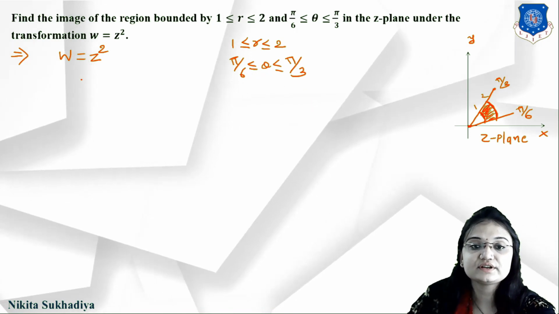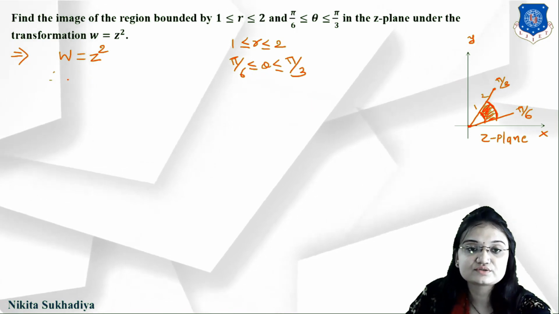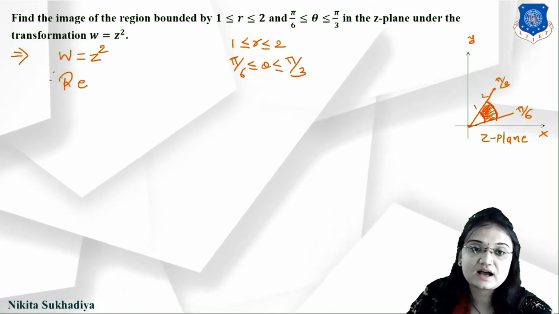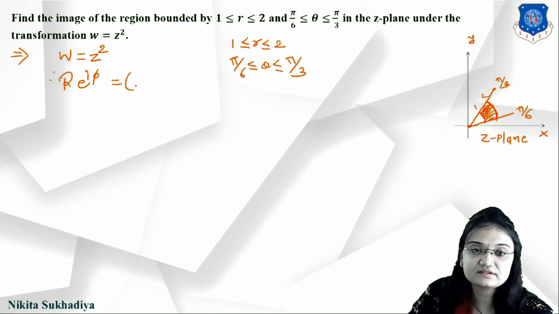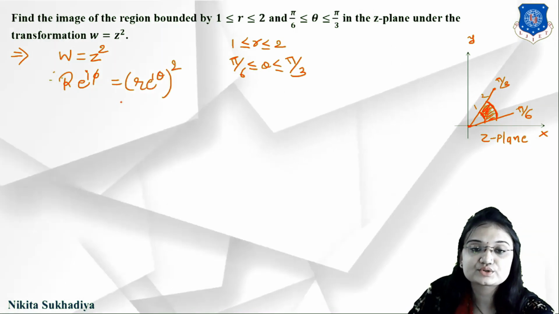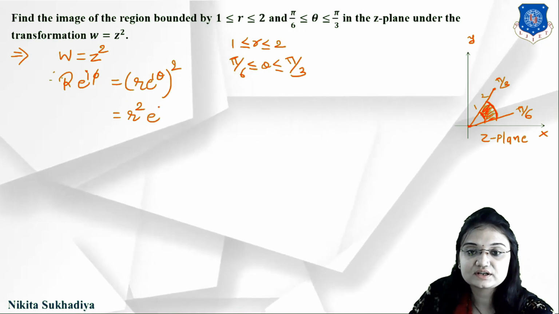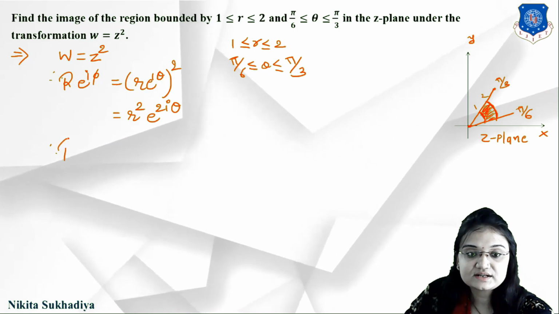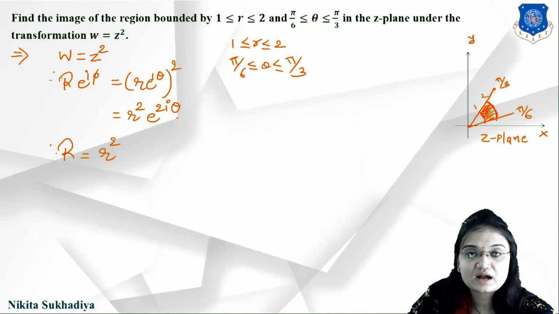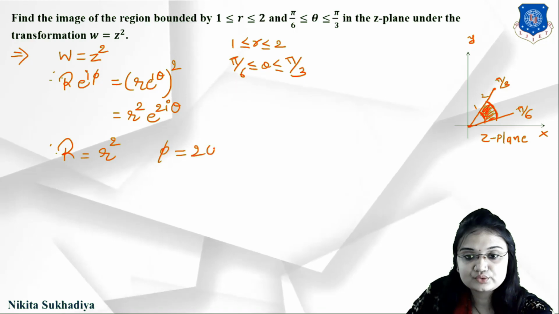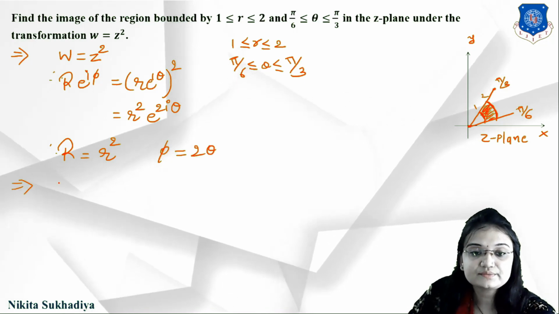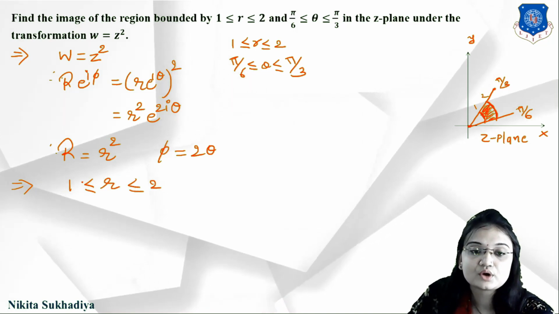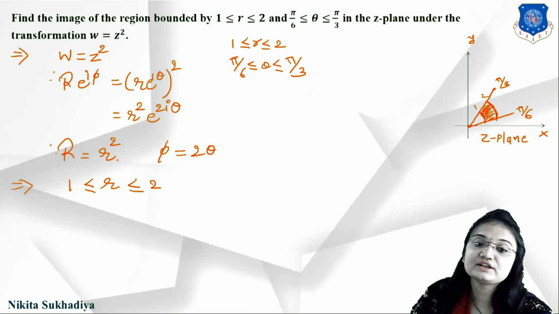Okay, so here we have the transformation w is equal to z square. So in the w plane, capital R e raised to i phi is equal to r e raised to i theta whole squared, which is nothing but r square e raised to 2i theta. So by comparing real and imaginary parts, capital R is equal to r square and phi is equal to 2 theta. Here we have given 1 less than or equal to r less than or equal to 2.